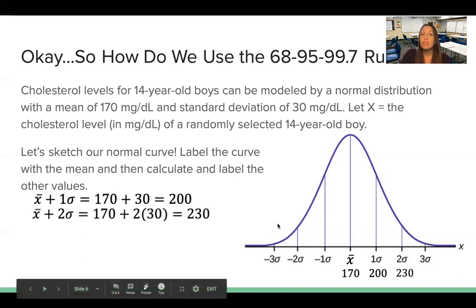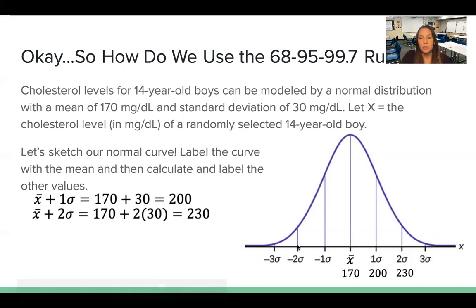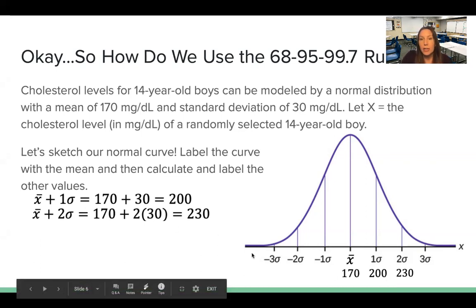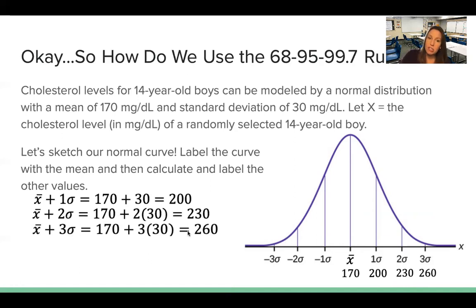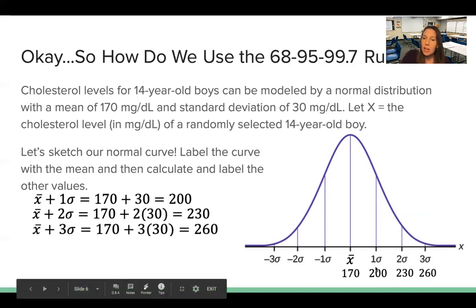The next one would be 2 standard deviations above, so we could just add 30 to the previous one to get 230. Our next one would be our mean plus 3 standard deviations, which would be 260. So you'll see that I have each of those values labeled now on my normal curve.